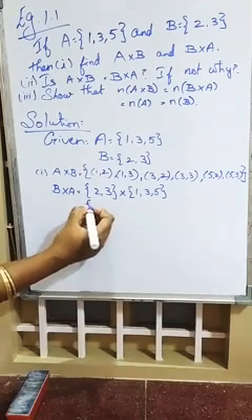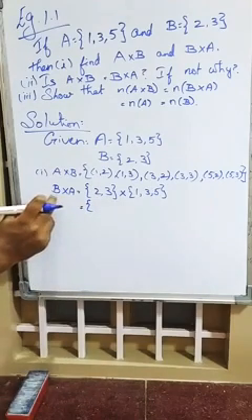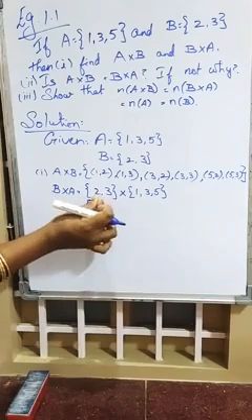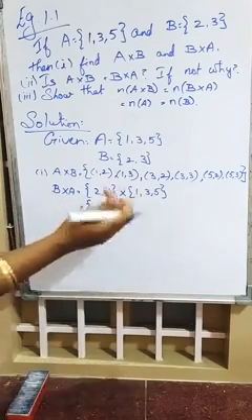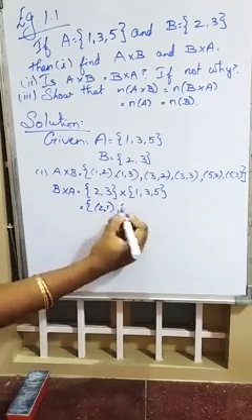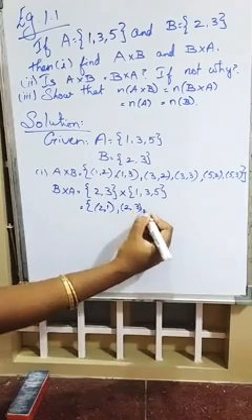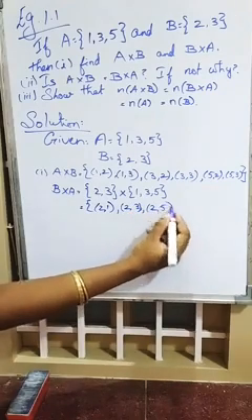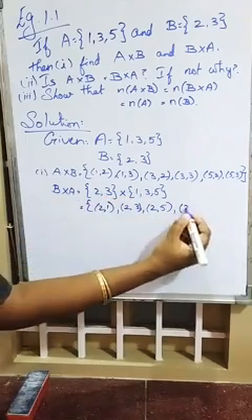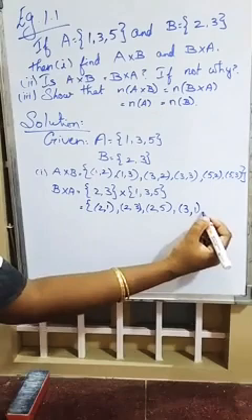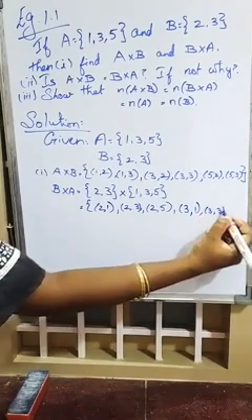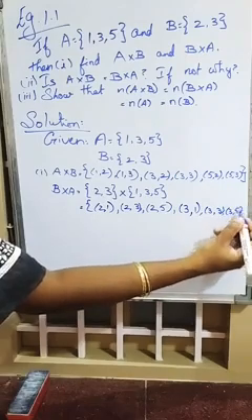Now you find the Cartesian product of B cross A. First element 2: (2, 1), (2, 3), (2, 5). Next take the second element 3: (3, 1), (3, 3), (3, 5).